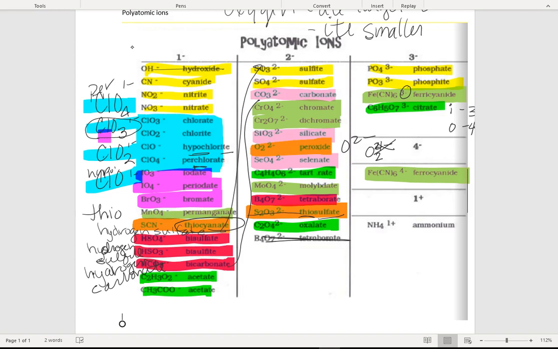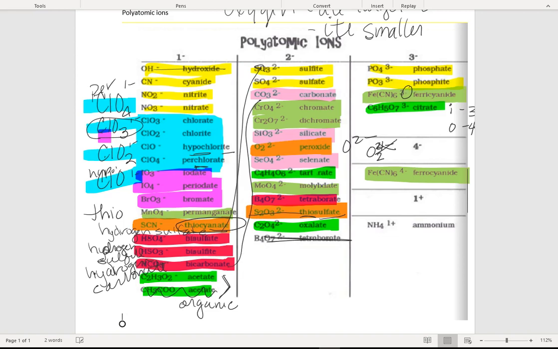Acetate, these are both ways to represent the compound. The second one is the organic way. We're not going to worry about that. It's not even on your sheet. The first one is the one we're going to learn. Acetate, C2H3O2. I don't have a way to remember that, but I do for the other three.